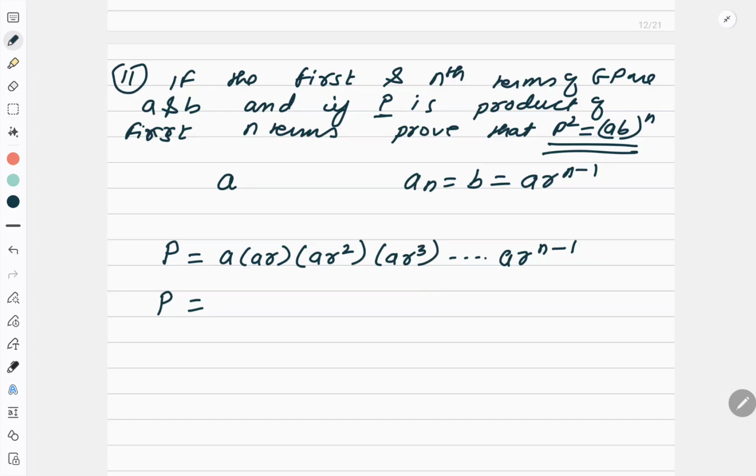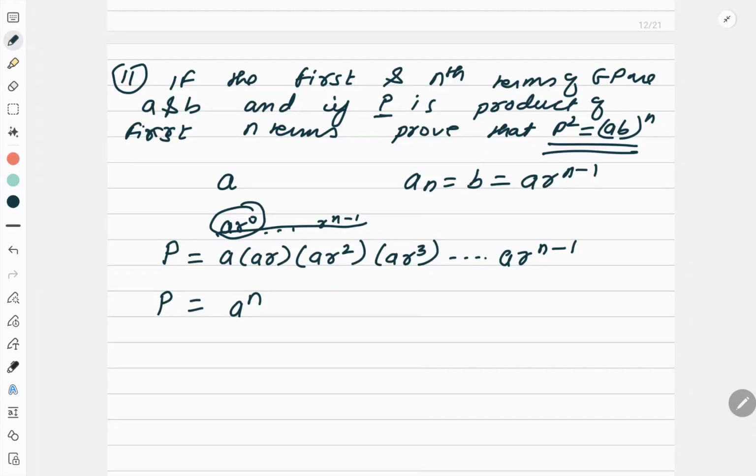Now, how many A's are there? If you count, how many A will be there? Clearly it is n, because you know that the first term is A r to the power 0, and it is going till r to the power n minus 1. Since 0 is included, there are total n terms.